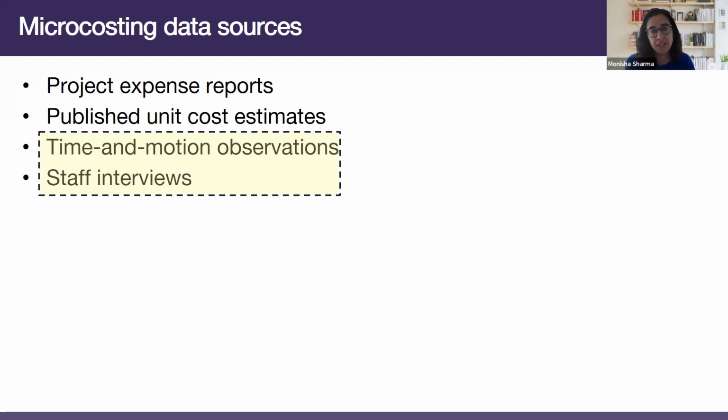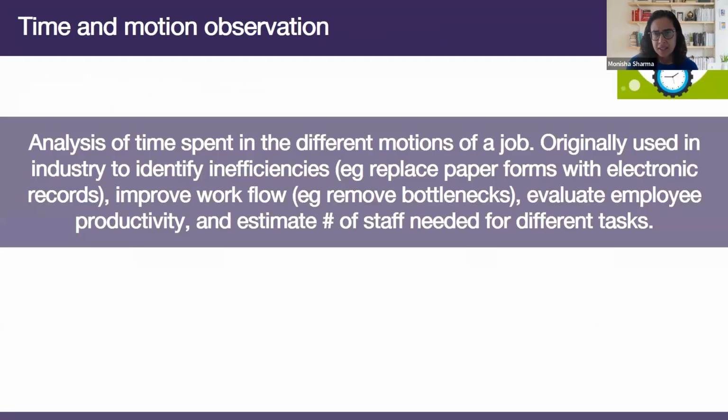As a part of microcosting, we do time and motion observations and also staff interviews to supplement the time and motion observations. And that's what I wanted to focus on today. A time and motion observation is an analysis of the time spent in the different motions of a job.